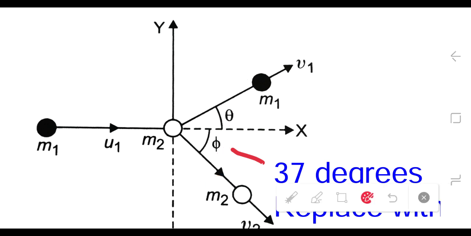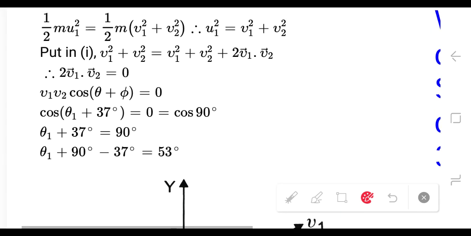What we want to find out is this whole angle. That is our question. So we say v1 v2 cos the angle between v1 and v2 is giving me 0. It's coming from this explanation here, because when you divide by 2 both sides, you'll be left with v1 dot v2 is equal to 0.